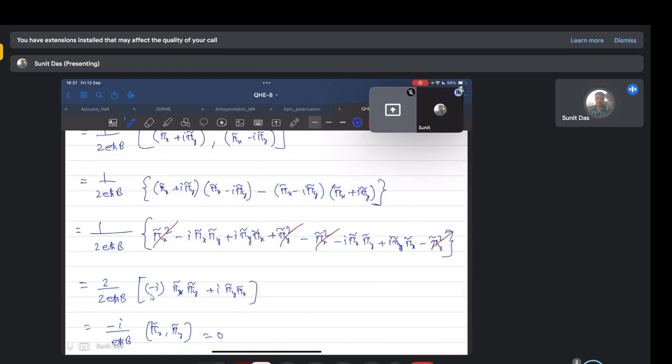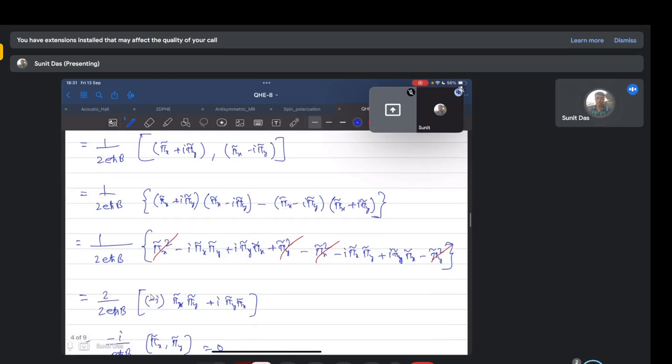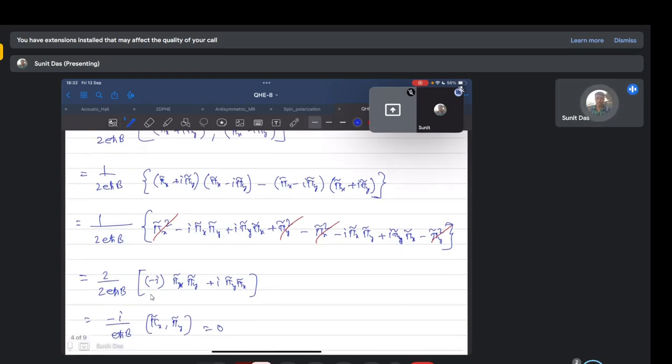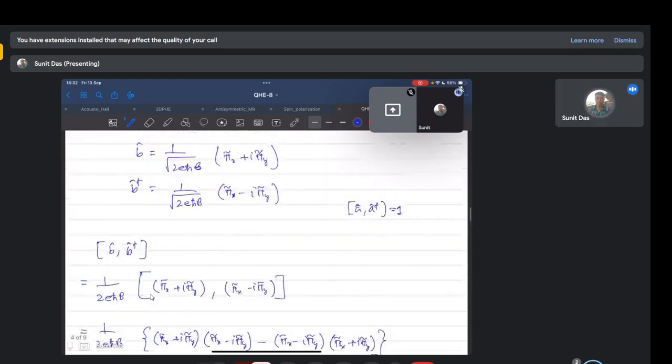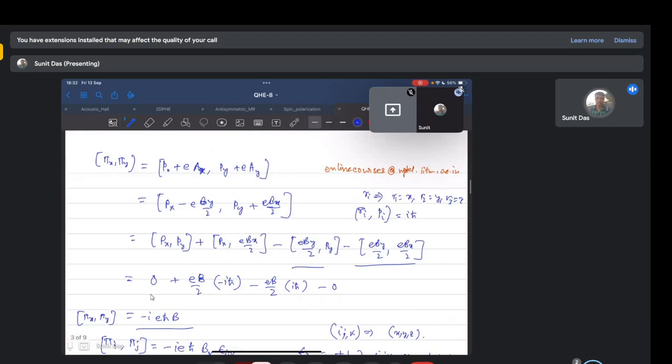So I'll just check once. I think this calculation is already correct. I mean, there is no issue. It is just the same as the A and A dagger commutator, but involving tilde operators. And tilde operators are defined in such a way that we are effectively excluding the magnetic field effect, let's say, because π was P plus eA, right?